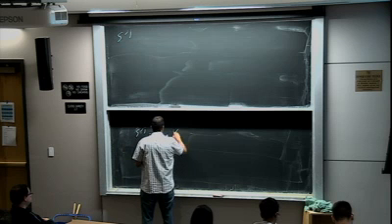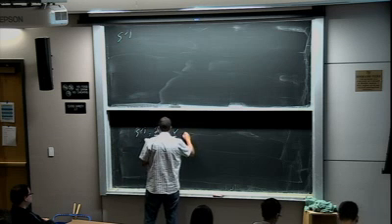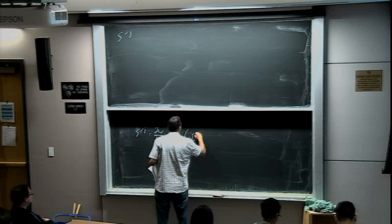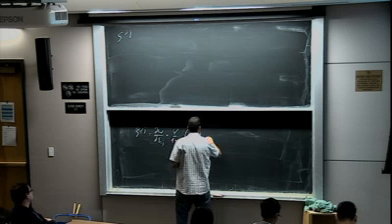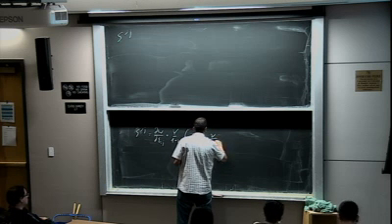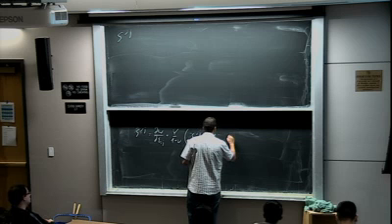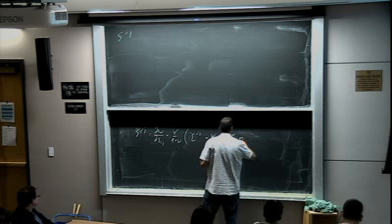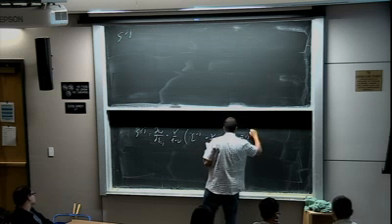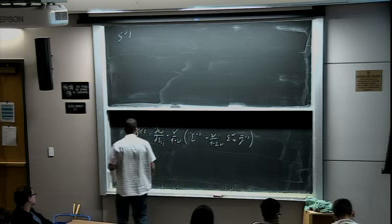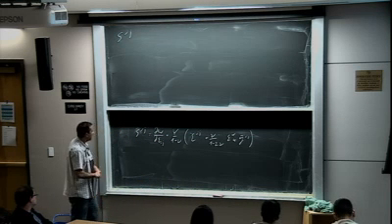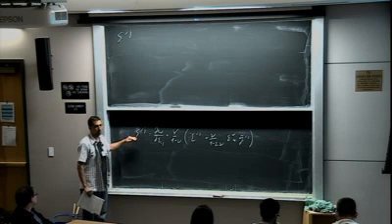That gives us Young's modulus over 1 plus nu, the Poisson ratio, epsilon ij, plus nu over 1 minus 2 nu, epsilon kk g bar ij. This is the second Piola-Kirchhoff stress tensor.